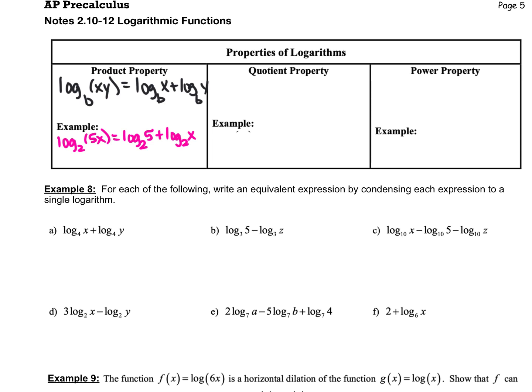Okay, the quotient property, same kind of thing. If I'm dividing exponential functions, what do I do to their exponents? x to the 5th over x to the 3rd. I subtract them. So if I have log base b of x divided by y, I can split it apart as log base b of x minus log base b of y.